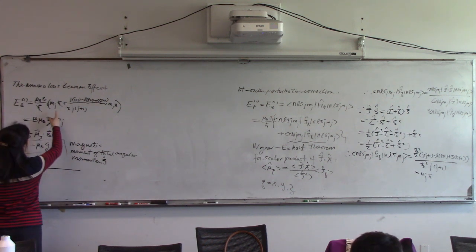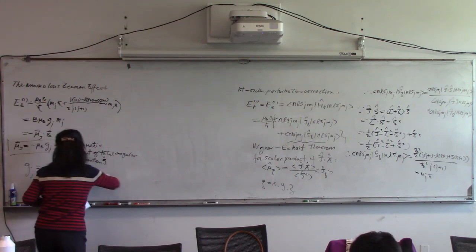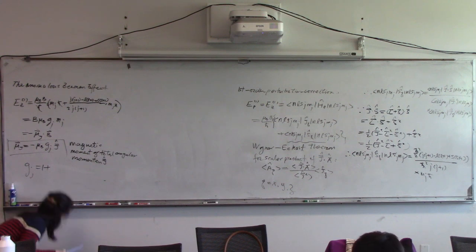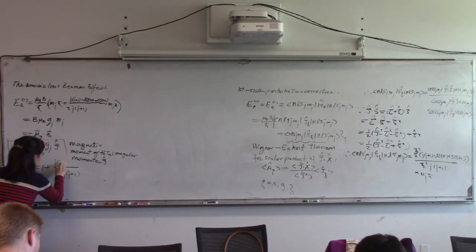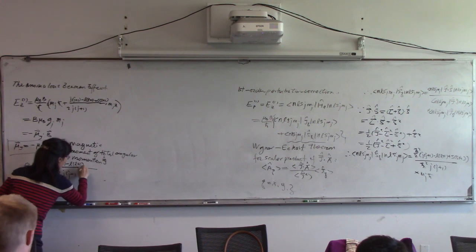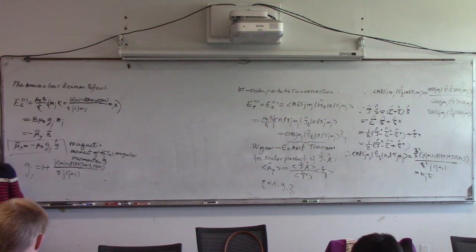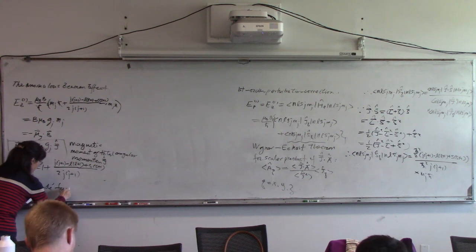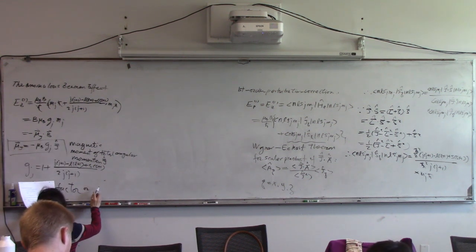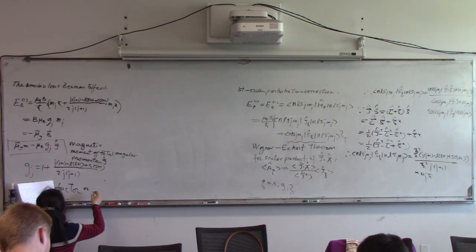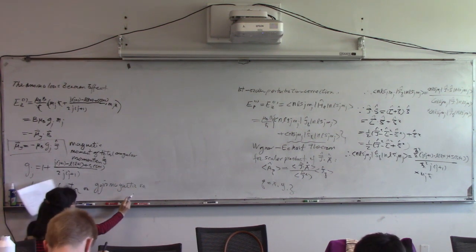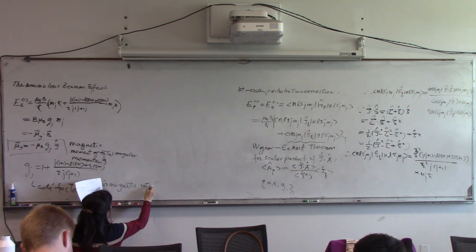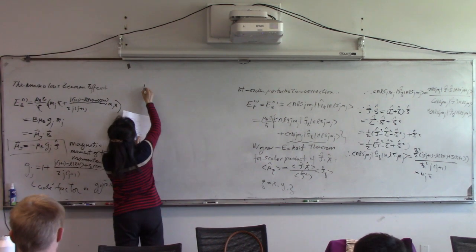It is 1 plus this term: J(J+1) minus L(L+1) plus S(S+1), over 2J(J+1). We call it the Landé g-factor, or they call it the gyromagnetic ratio. Okay, so now we are going to discuss.